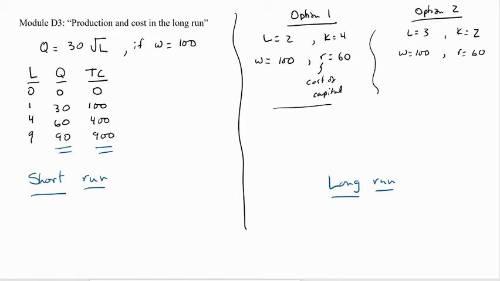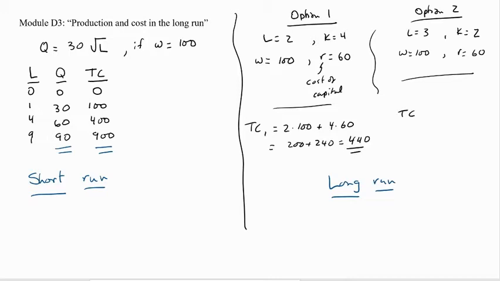So what this ends up meaning then is that we have a total cost in option 1 equal to the amount of labor we're using times the cost of that labor plus the amount of capital that we're using times the cost of that capital, or the total cost is equal to 200 plus 240, or it's equal to 440 in this case.